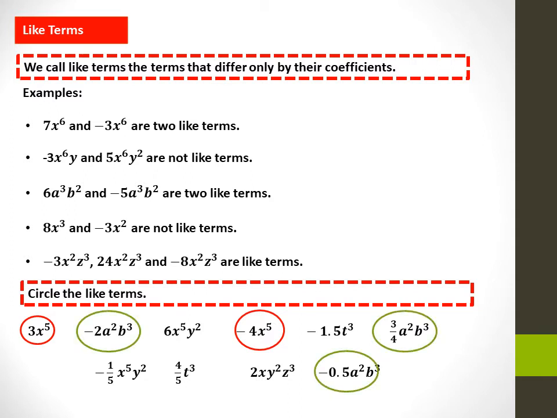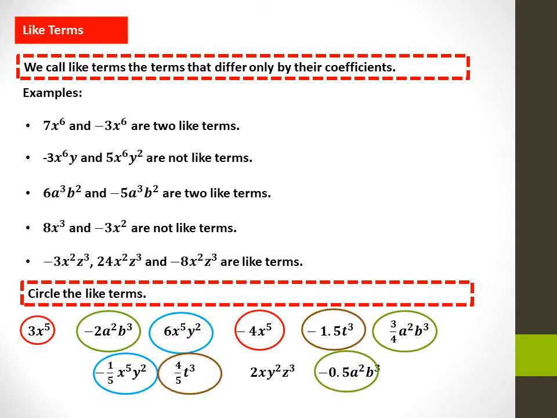Negative 2a to the power of 2 b to the power of 3, 3 over 4 a to the power of 2 b to the power of 3, and negative 0.5a to the power of 2 b to the power of 3 are like terms. 6x to the power of 5 y to the power of 2 and negative 1 over 5 x to the power of 5 y to the power of 2 are like terms.